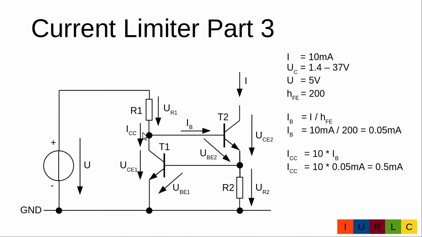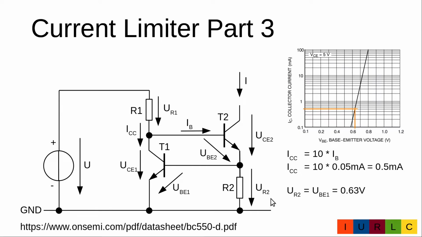Now we calculate the cross current of the controlled voltage divider built up with resistor R1 and the transistor T1. The cross current is 10 times the base current. The cross current is 10 times 0.05 milliamp is 0.5 milliamp. Now we want to determine the voltage at the current sense resistor R2.